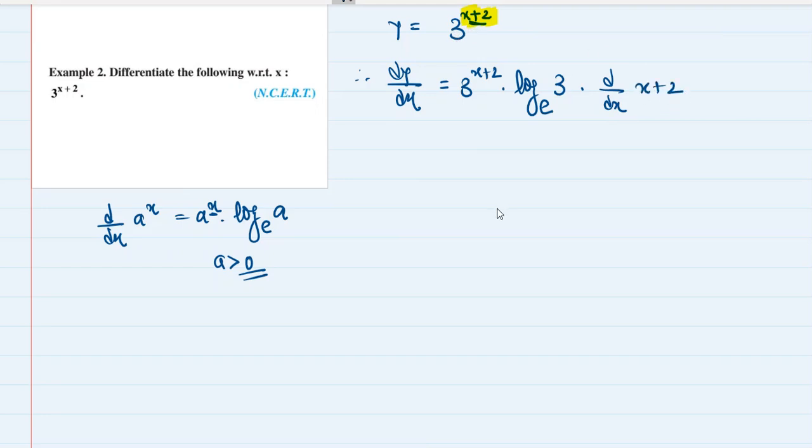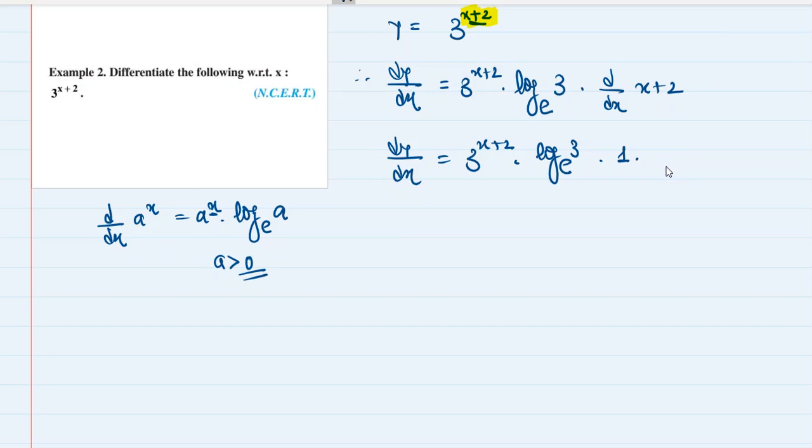x plus 2. Okay, so dy by dx becomes 3 raised to x plus 2 multiplied by log of 3 to the base e multiplied by d by dx of x plus 2, that is d by dx of x plus d by dx of 2.